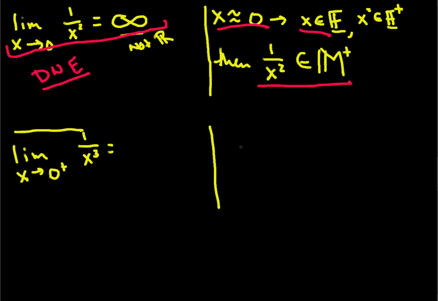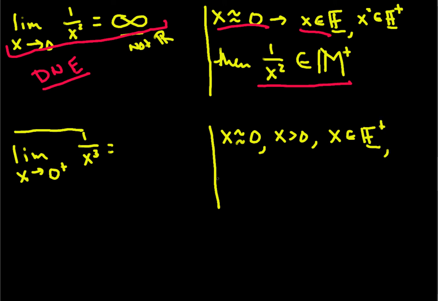Again, we'll do a little bit of work. If we want x to be infinitely close to 0, but since it's on the right-hand side, it's bigger than 0. And this means that x is a positive infinitesimal.